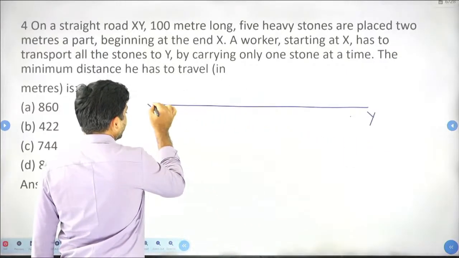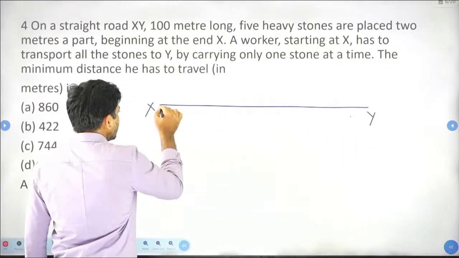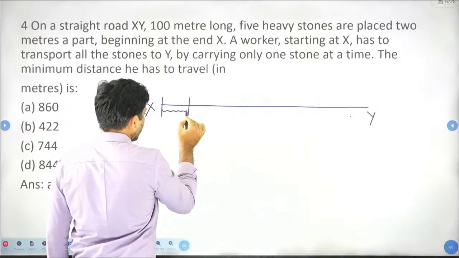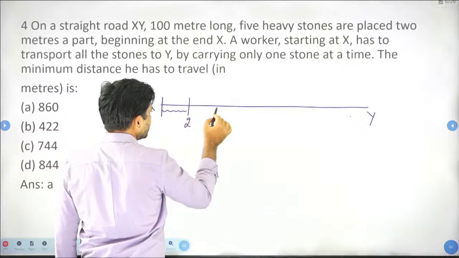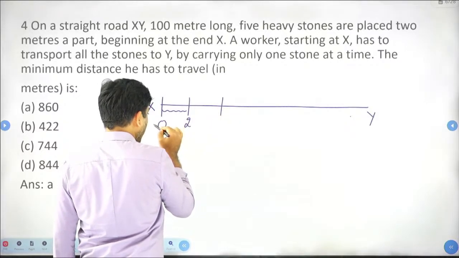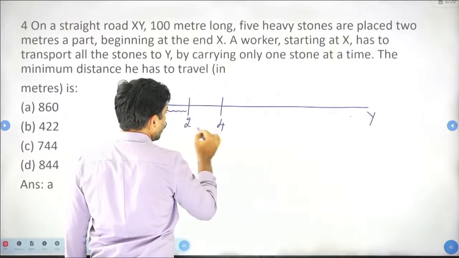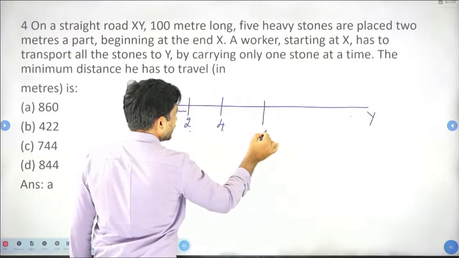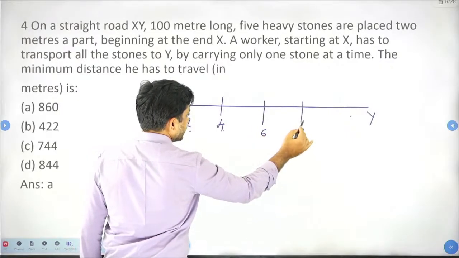This is 100 meters long. Say first one is located this after 2 meters. Say first one is located at 0, no problem, we can take. Then 4, 0 to 2, 2 meters you have to maintain, 2 to 4, then 6, then 8.